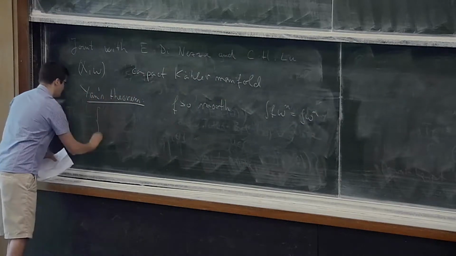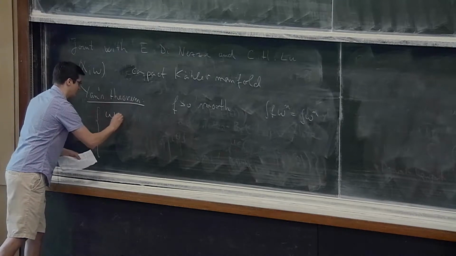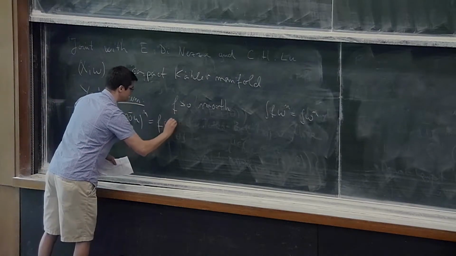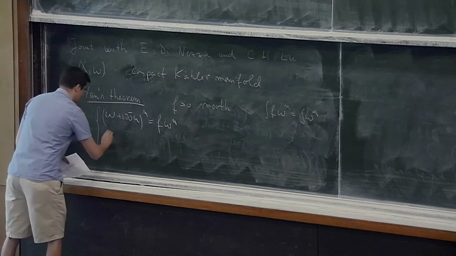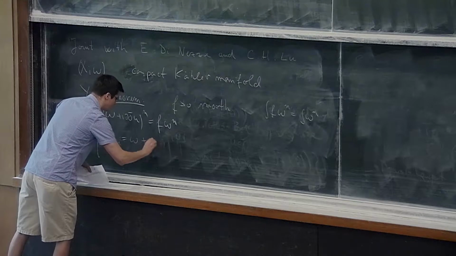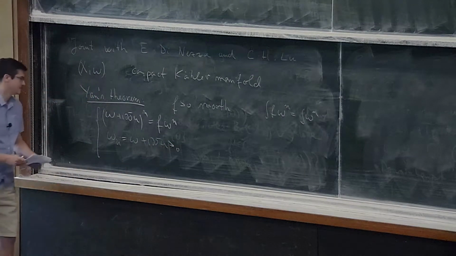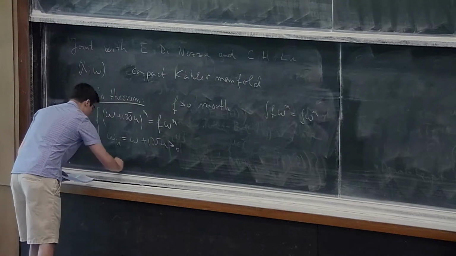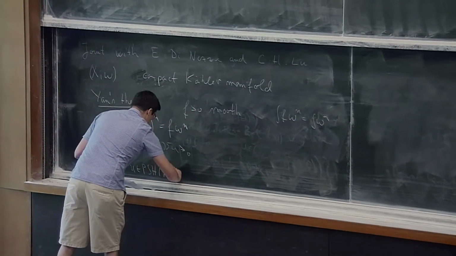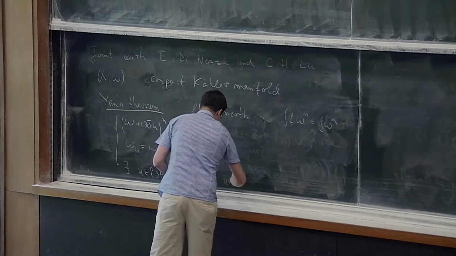Then Yau's theorem aims to solve the following equation, with omega u being non-negative, and as we know, there exists a smooth solution that's plurisubharmonic, smooth, and unique up to a constant.